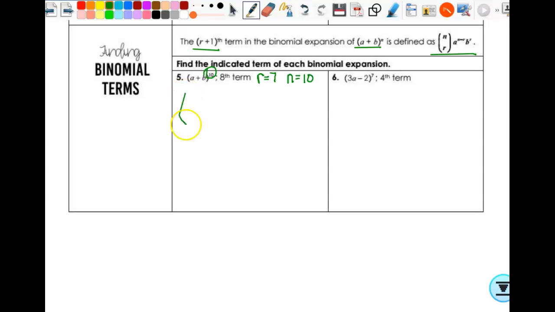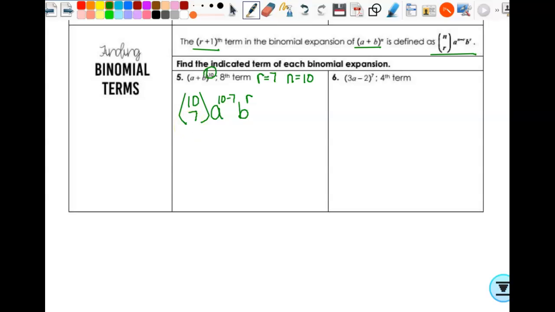So that means I'm going to do the 10 C 7 here times a to the n minus r power, 10 minus 7 power, times b to the r power. So in this case, since a and b are both variables, all you have to do in your calculator is this part.